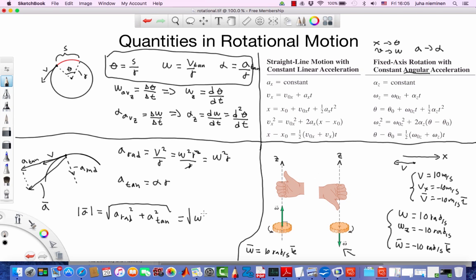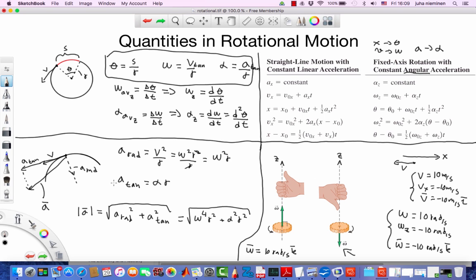So omega to the 4th power times r squared plus the tangential component squared, like this. And we can also, if needed, calculate the direction of the acceleration from these components.